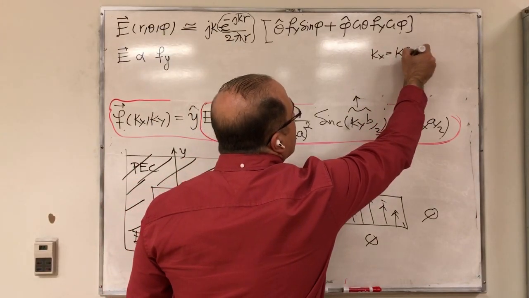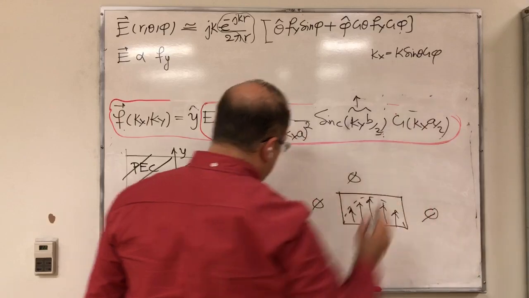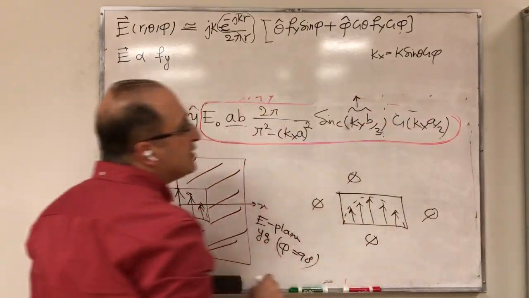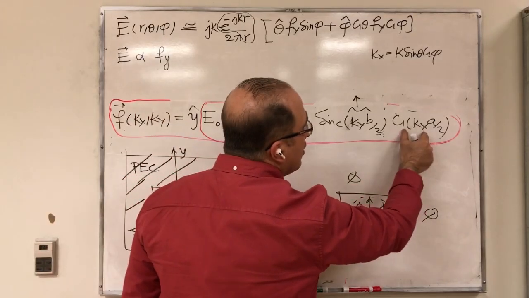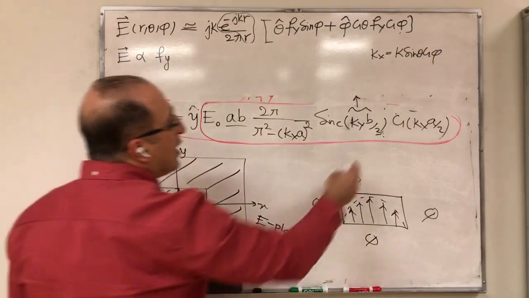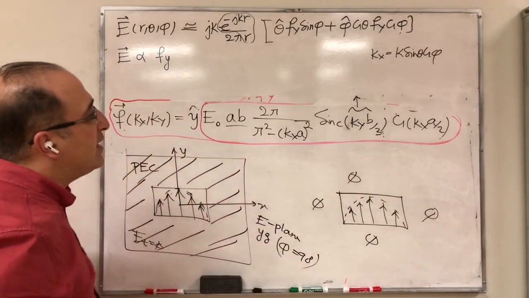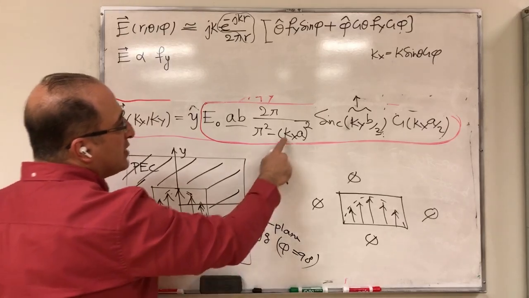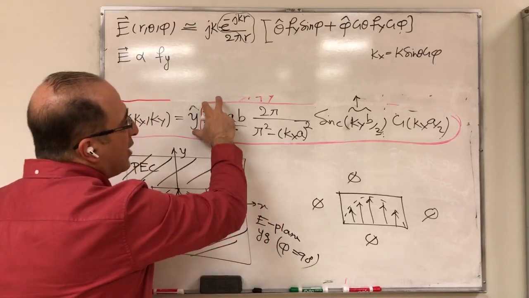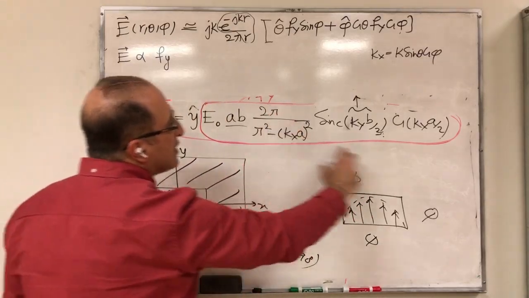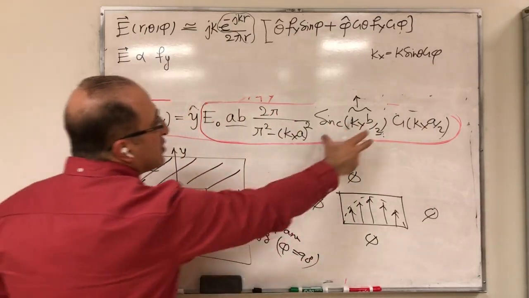It is K sine theta cos phi. Now, phi is 90, so Kx goes to 0. If Kx goes to 0, this goes to 1. Cos of 0 is 1, so I'm going to have a simplification here. And this is also Kx is 0, so this is going to be 0. So I'm going to have a constant term times this sinc function. So this would be constant, this would be 1. So I'm just going to rely on this.